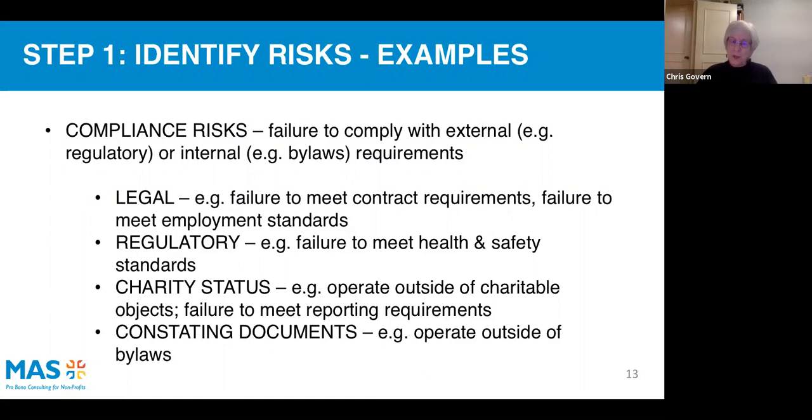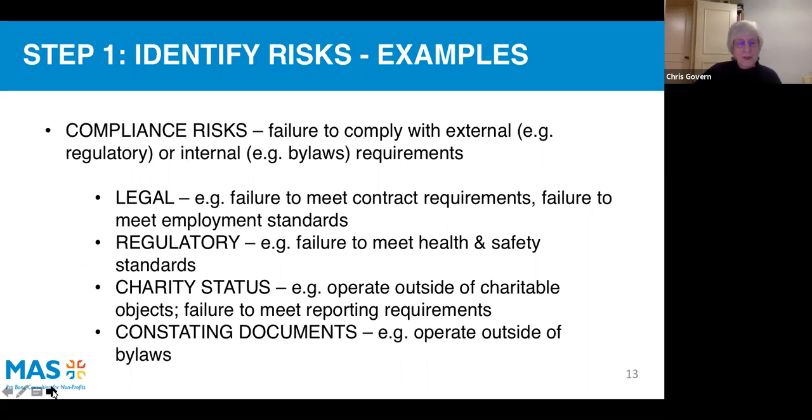That's a consequence of the risk of operating outside of your charitable objects, or the risk of not meeting your charitable reporting requirements. The consequence of that is the loss of charitable status, which, if you have great reliance on donations, for instance, could lead to another consequence of a drop in revenue, et cetera. But it's important to think about whether what you're thinking of is a risk, or a consequence of some other risk.